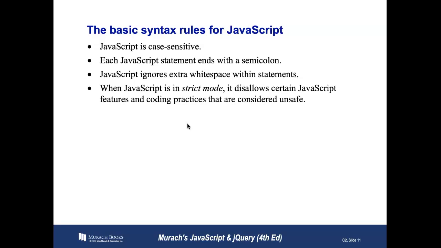Lastly, when JavaScript's in strict mode, it disallows certain features. We're not going to do that till the end of the course. It'll be probably week 12 or 13 when we put it in strict mode. So what I do is I'll build my apps and then I'll put it in strict mode at the end when I launch. That helps me debug.